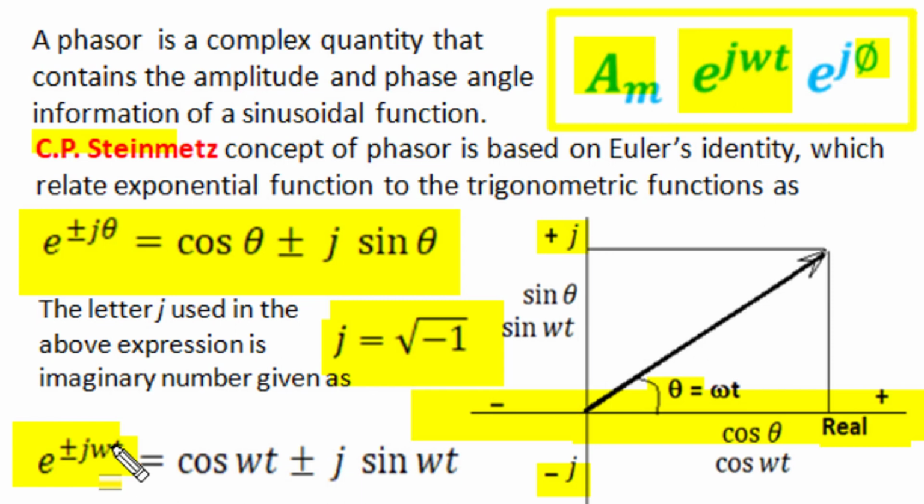So e raised to the power j omega t is a phasor representation which represents the rotating nature of the phasor, and its real component becomes cos omega t and its imaginary component becomes sin omega t, and this sin omega t is used to express the instantaneous magnitude of a sinusoidal quantity. So the imaginary part of this phasor can represent the instantaneous magnitude of a sinusoidal quantity.